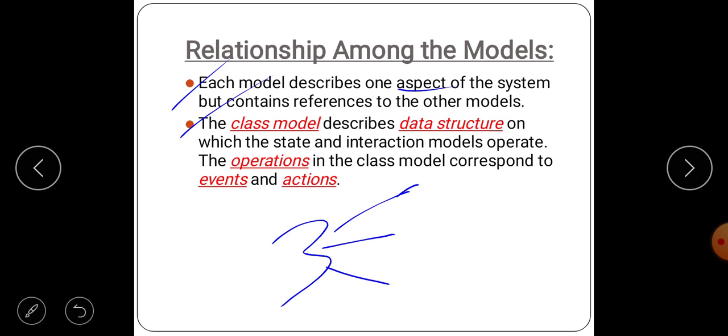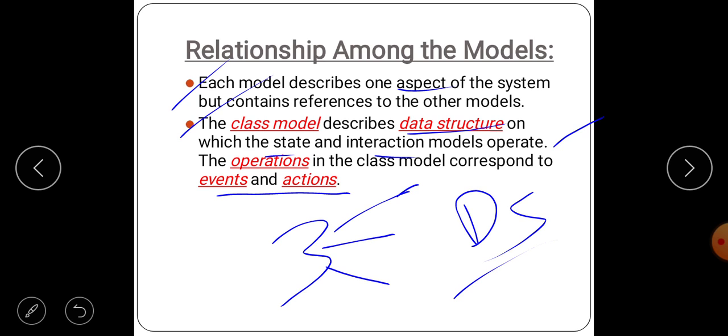The class model describes the data structure on which the state and interaction models operate. The operations in the class model correspond to events and actions. Means the class model describes the data structure on which the state and interaction models operate.